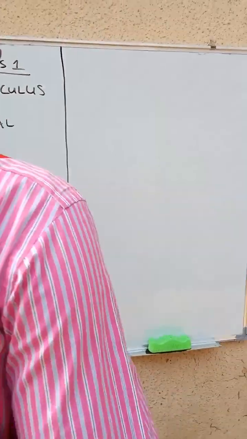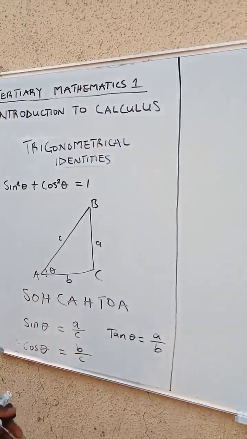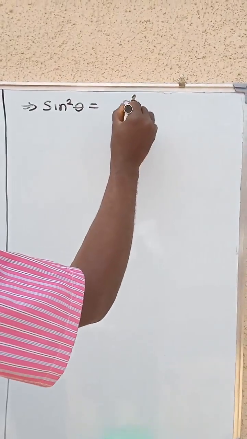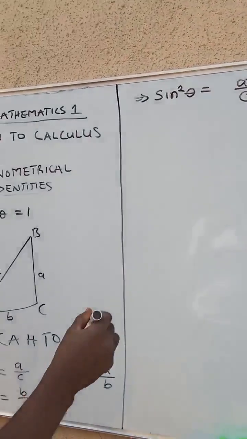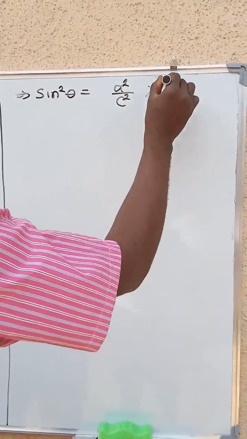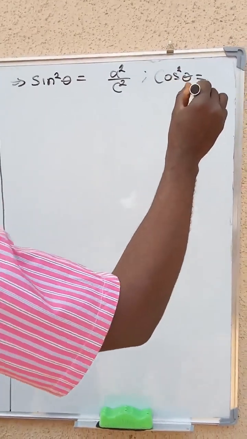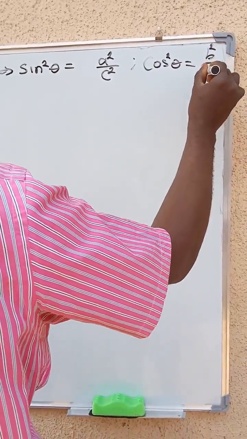Okay, but this is not where we are stopping. We say that if sin theta is equal to A over C, it implies that sin² theta will now be equal to A² over C². In the same way, my cos² theta will now be equal to B² over C².